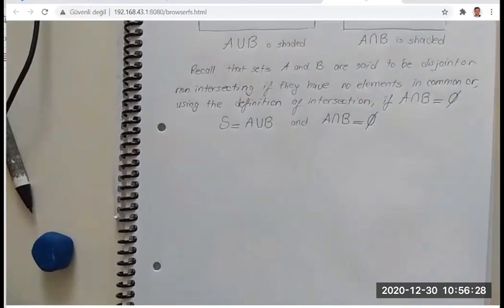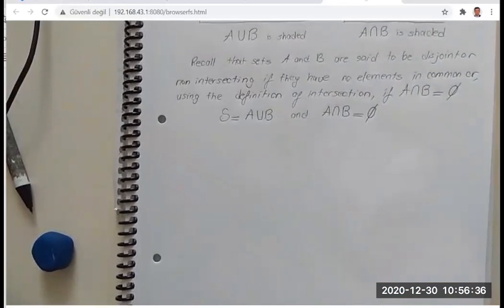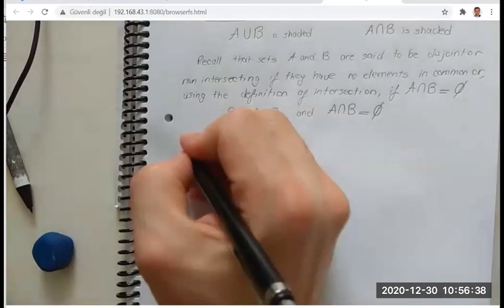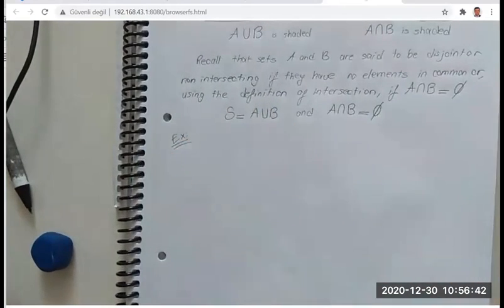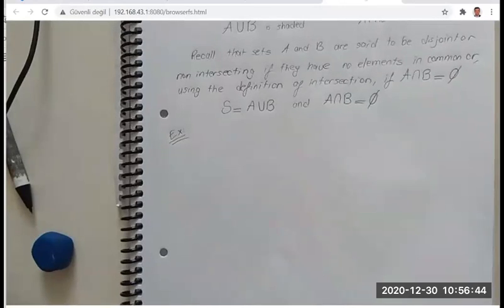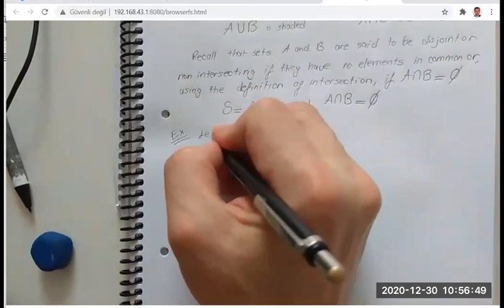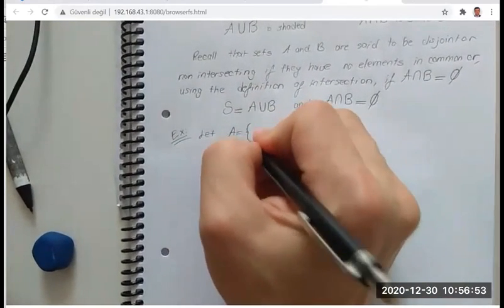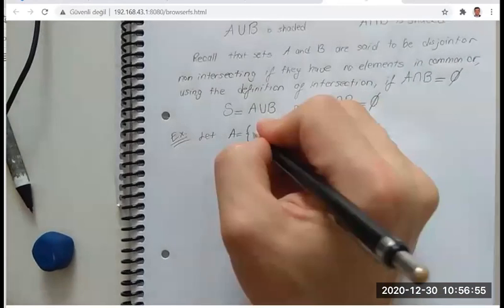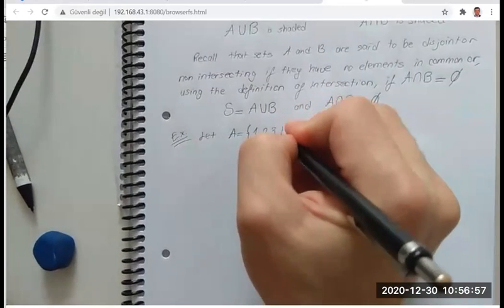So, example. There is the example to talk about the union and intersect. We can do it easily. Example, let's say there is the set A. This is again from your book, and inside of A there is 1, 2, 3, and 4.